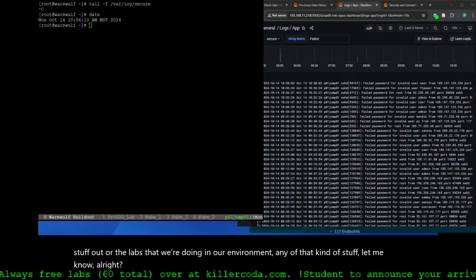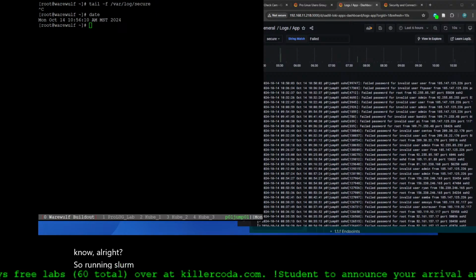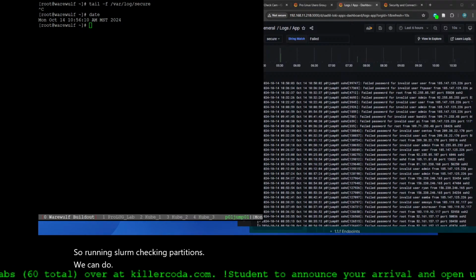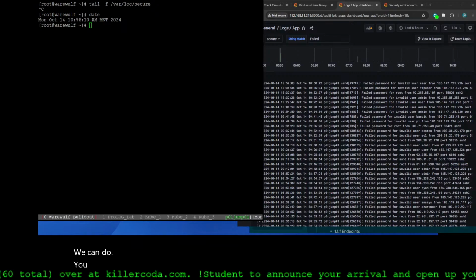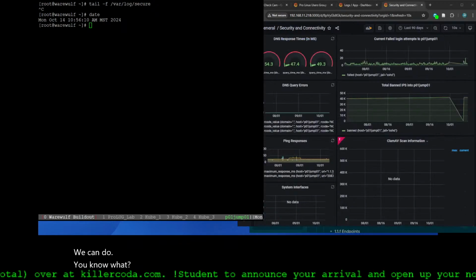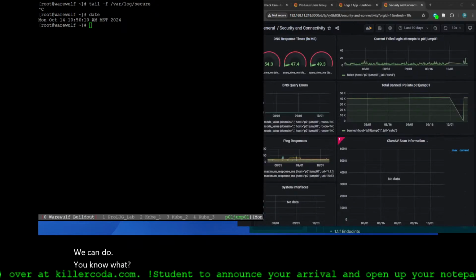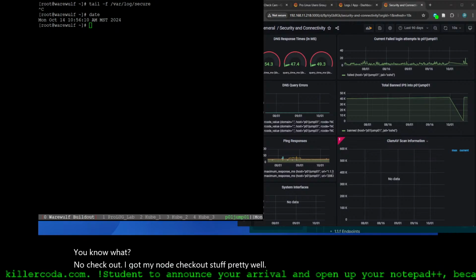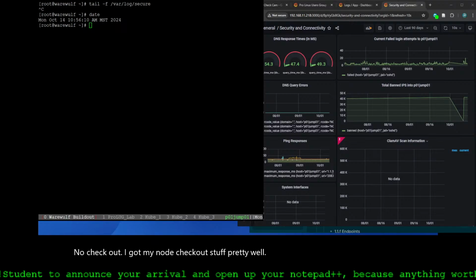So running Slurm, checking partitions. We can do. Oh, you know what? Node checkout. I got my node checkout stuff pretty well. Okay, slide. Starting.